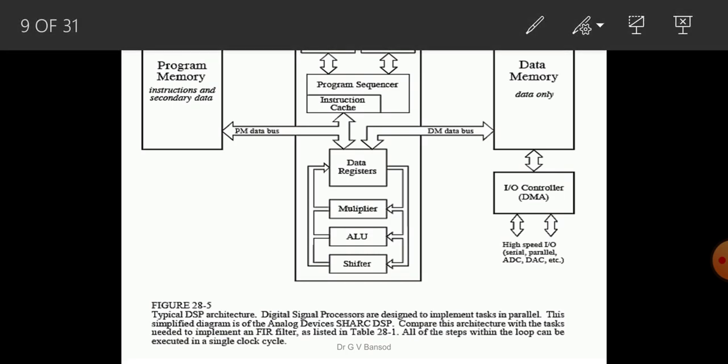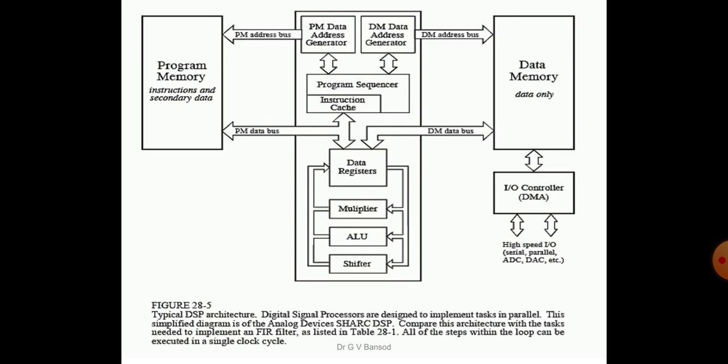And definitely when we talk about the I/O controller, what I mean to say is there will be a number of peripherals connected to my DSPs, like ADCs and DACs, and they will be throwing data. If I don't have an I/O controller, the CPU takes the load of handling all this data from the peripheral devices. Now I have an I/O controller which takes the responsibility of taking this data and feeding it to the data memory without the CPU's intervention, with the CPU's authorization.